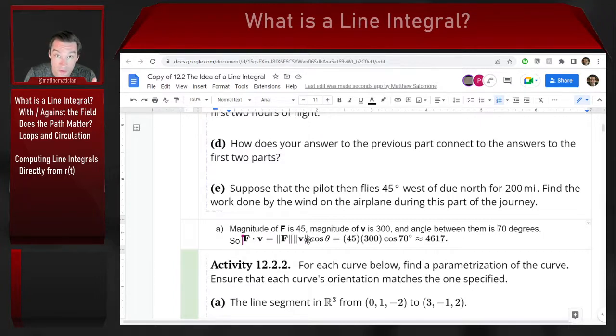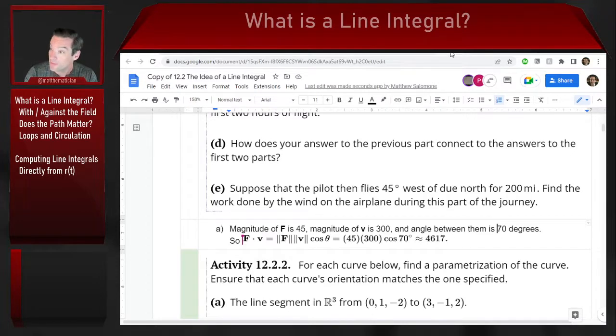If you know the magnitudes and angles of the vectors, you can use this formulation. Since the magnitude of the wind is 45, the magnitude of the displacement is 300, and the angle between them is 70 degrees, because 20 degrees east of north makes a 70-degree angle with due east, which is 90 degrees east of due north, the dot product is 45 times 300 times the cosine of our angle, so it's about 4,617.